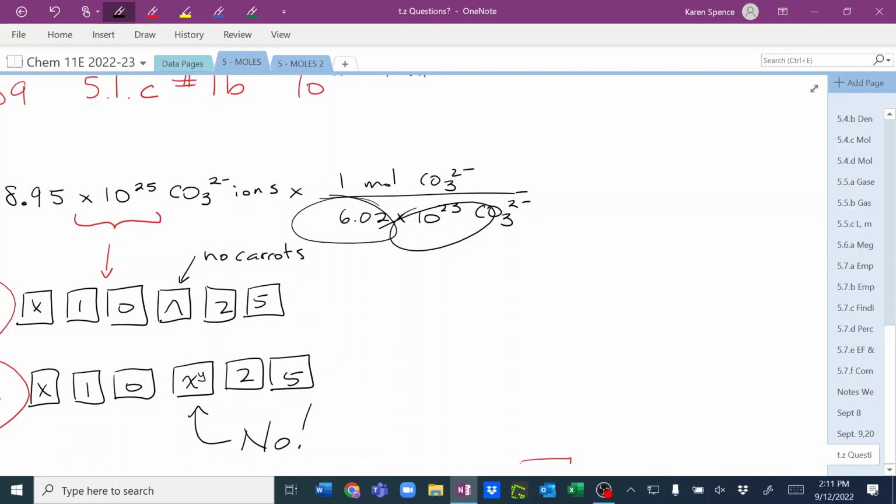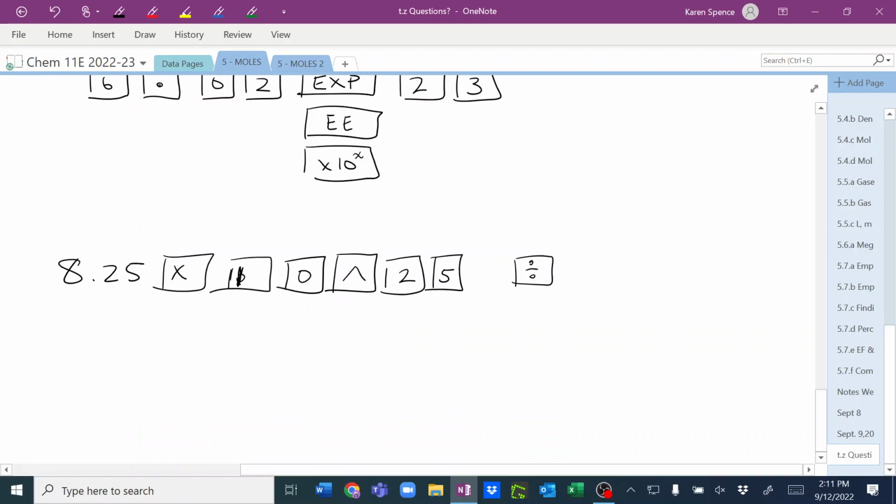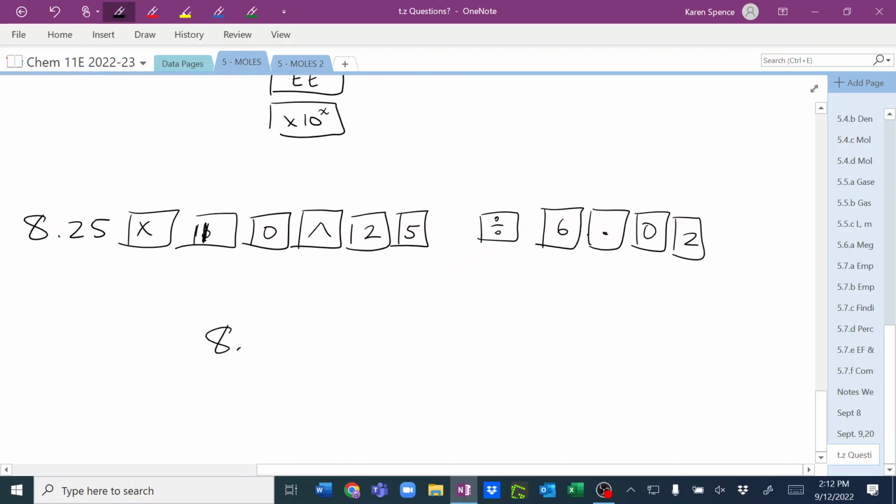Yes? If you type 6.02, what that means is you now have 8.25 times 10 to the 25 divided by 6.02.